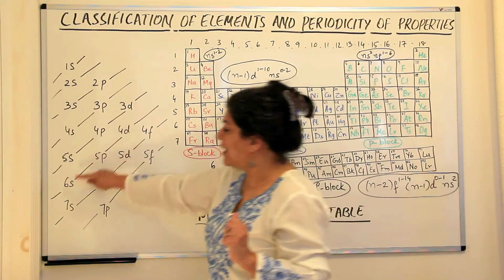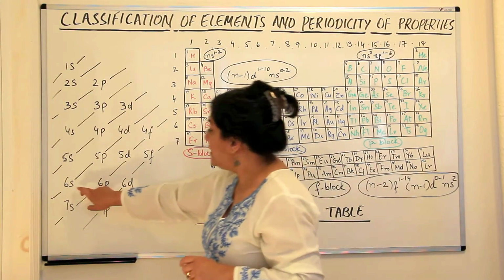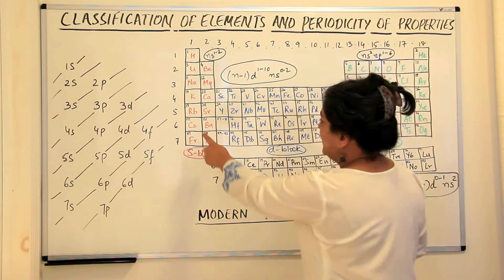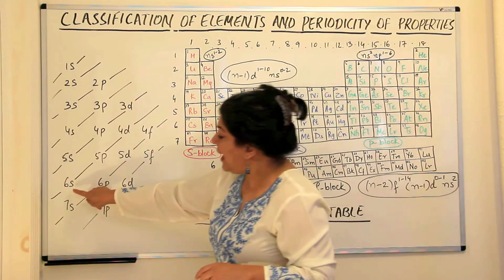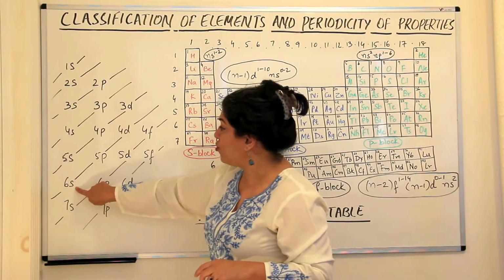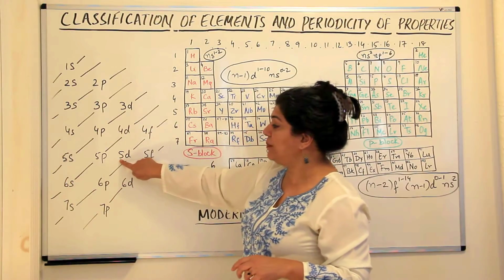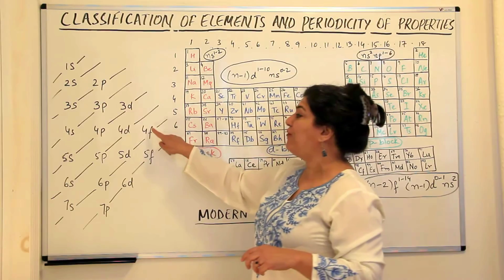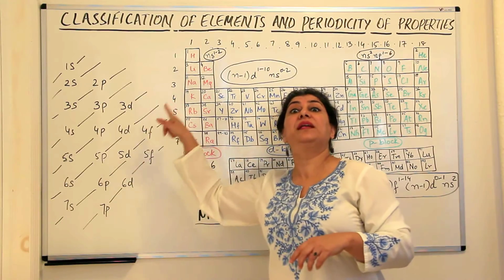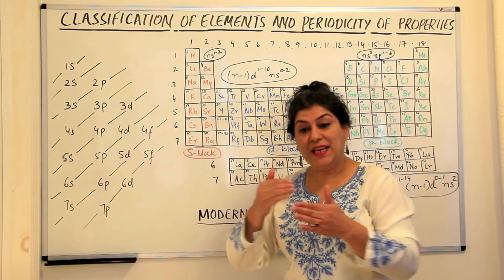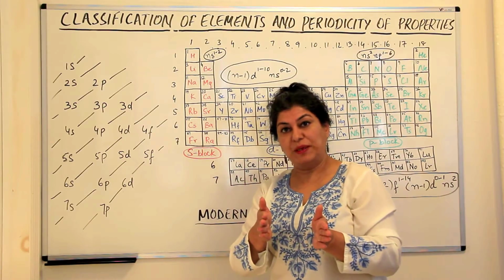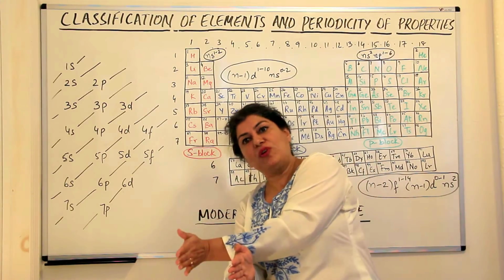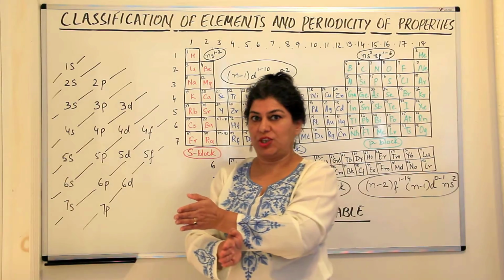Now, after that comes the 6s orbitals, and when the 6s orbitals fill up the 6th shell, the 2 electrons go to the 6s orbital. Now the next 14 electrons, instead of going to the penultimate shell, go to the f-orbitals of the inner penultimate shell. The ultimate is the outermost, the one before it is known as penultimate, and the one even before that is known as the inner penultimate shell.